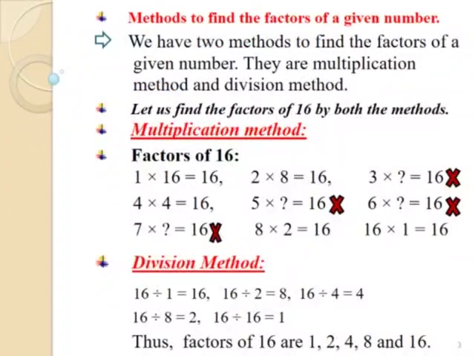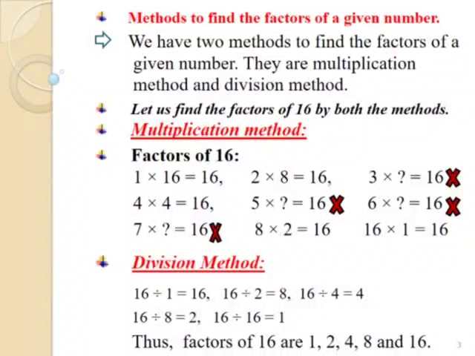Methods to find the factors of a given number. Students, we have two methods to find the factors of a given number. They are multiplication method and division method. Let us find the factors of 16 by both the methods. First, by multiplication method.